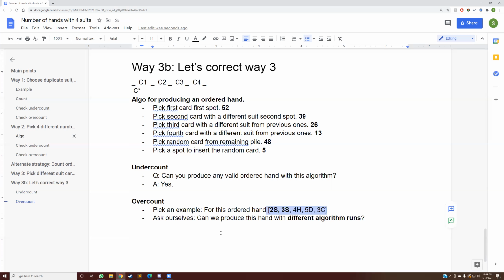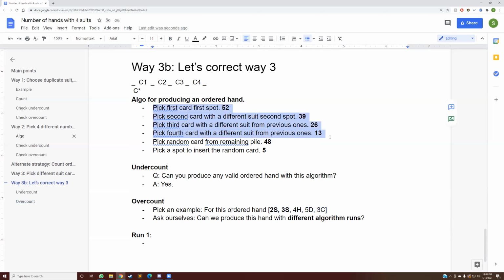Because you can pick 3 spades, 4 hearts, 5 diamonds, and 3 clubs, and you can put the 2 spades at the front. Or you could also start with 2 spades, then 4 hearts and the other stuff. And you can also put the 3 spades later. Yes, exactly. So I'll write this down.